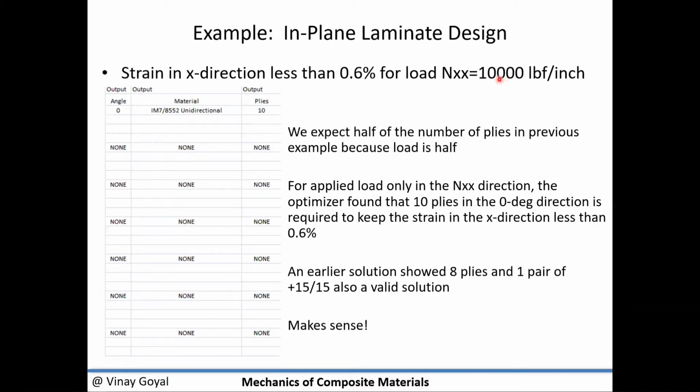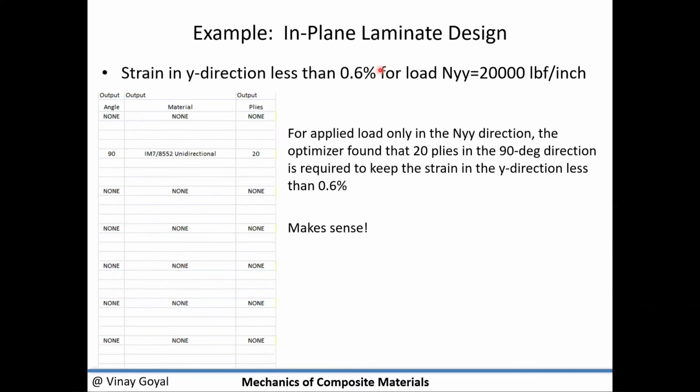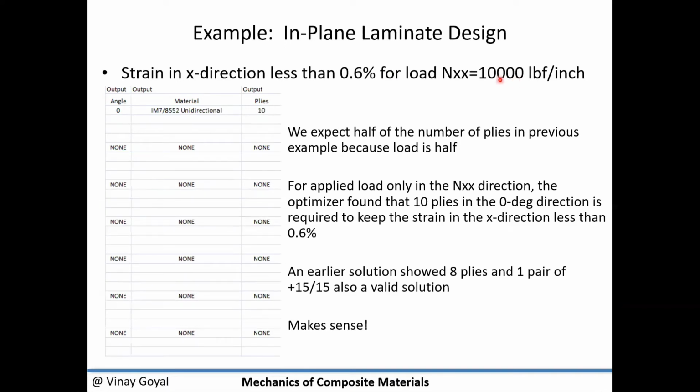It makes sense that I got all 90 degrees because I only have loading in the Y direction. In the X direction, I'm applying 10,000 pounds, and again, no more than 0.6% strain we want. Here, I had 20,000 pounds per inch, and this one has 10,000 pounds per inch. So what does that do to the ply? When we run the optimizer, we get 0-degree plies for that material system and only 10 plies. So 0 degrees and 10 plies.